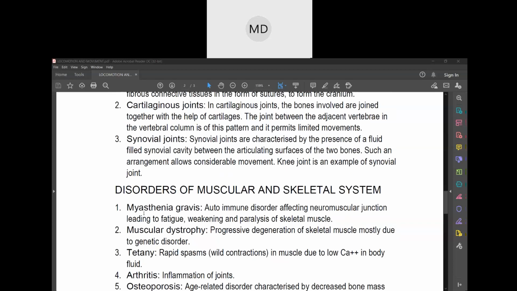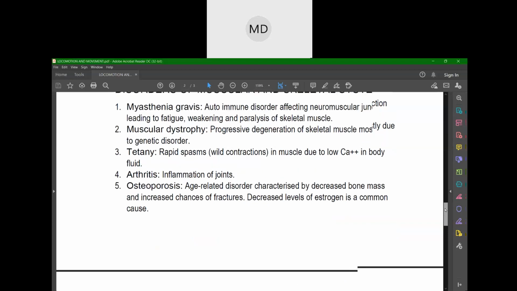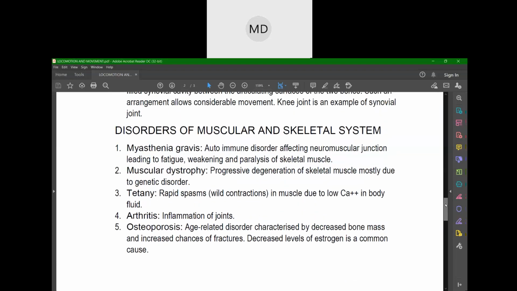In almost all the chapters, like while studying the respiratory system and others, we have learned about diseases at the end of the chapter, diseases associated with that particular system. Now here the diseases are Myasthenia gravis, which I will discuss later.